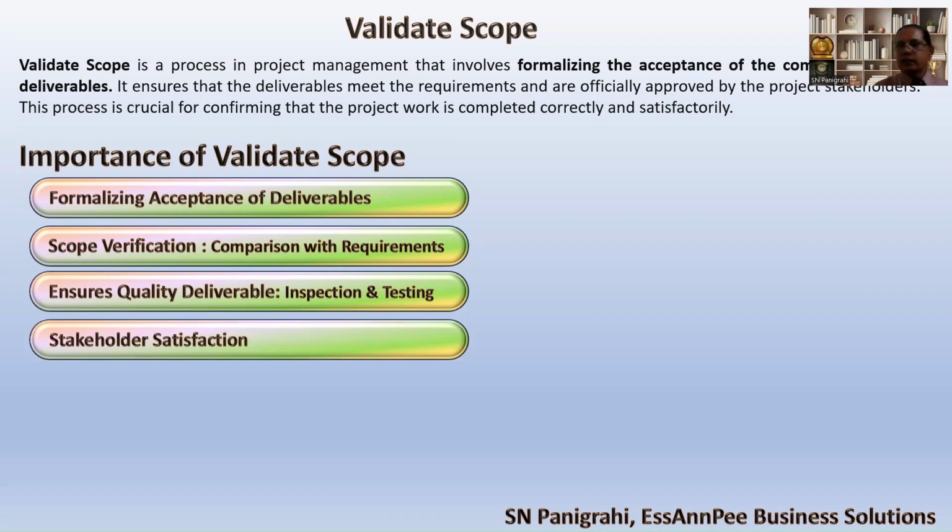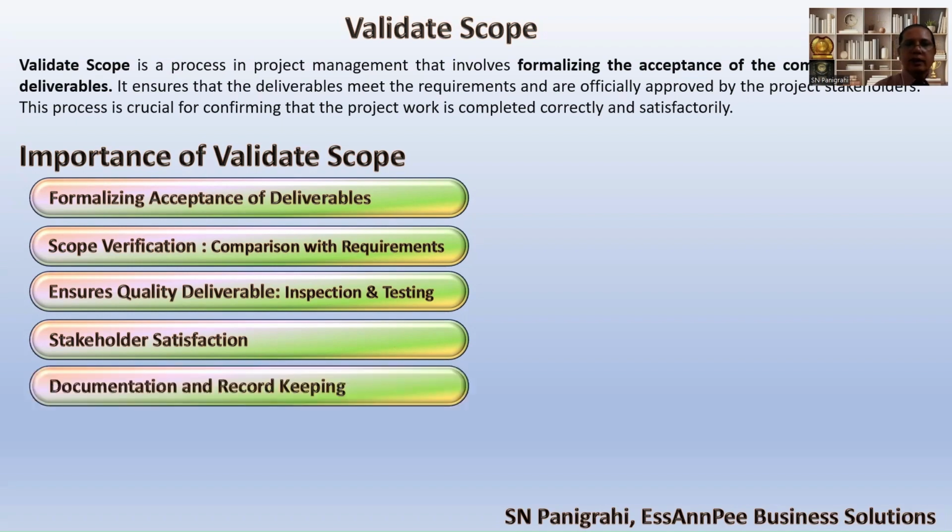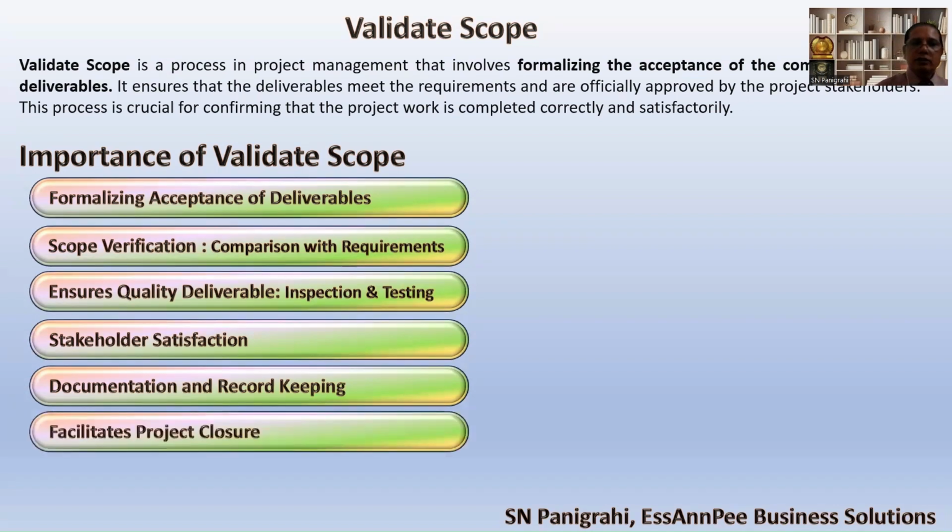Then stakeholder satisfaction, which ultimately has to meet the quality requirements as per the customer's requirements defined in the scope statement itself. Then the documentation records are to be maintained, which also facilitates project closure. This is very important for closing the project. Without validation, for example if the customer has not accepted, we can't come to the closing of the project.